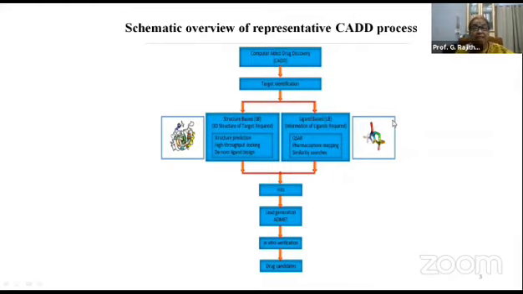Under structure-based drug design, there are two approaches: high throughput docking and de novo ligand design. Under ligand-based drug design, three approaches are there: QSAR, pharmacophore mapping, similarity searches. Through these approaches, we will get the hits.